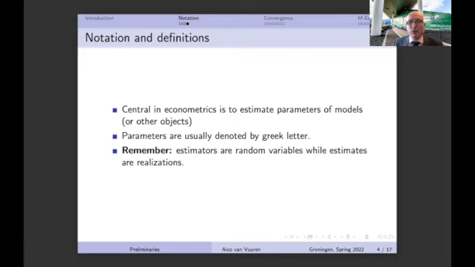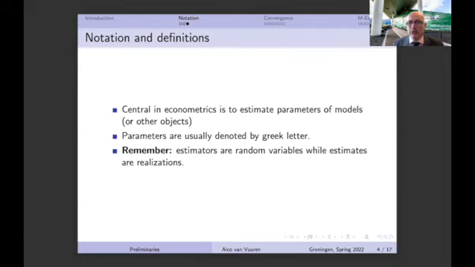The same actually holds true for the estimator. An estimator is nothing else than a description of what you could do at the moment that you have a data set in order to estimate the estimand that we have over here. Estimators by themselves do not have a predetermined outcome. They are random variables, because what we typically assume in econometrics is that the data comes to us in a random way. Data in that sense is not the thing that you have in your computer, for example in an Excel file.